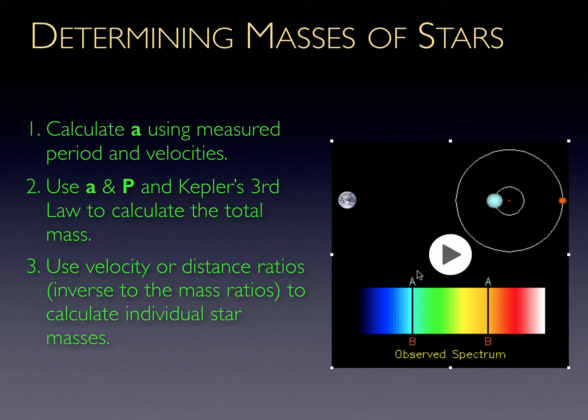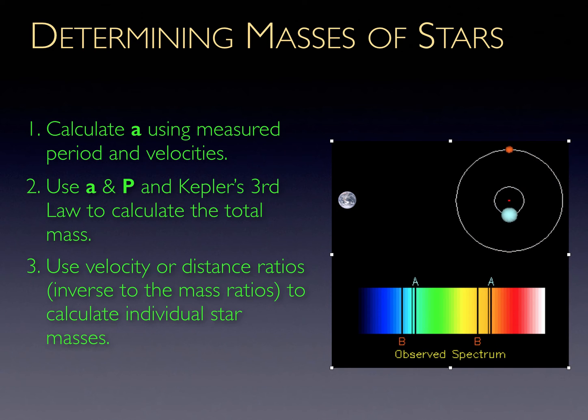Once we have calculated the separation distance, we use that along with the orbital period to calculate the total mass. Using the velocity ratios, we can work out how much of that total mass belongs to each star. For example, if we have a total mass of 6 solar mass units, and one star is moving at twice the speed as its companion star, then that companion star has twice the mass.